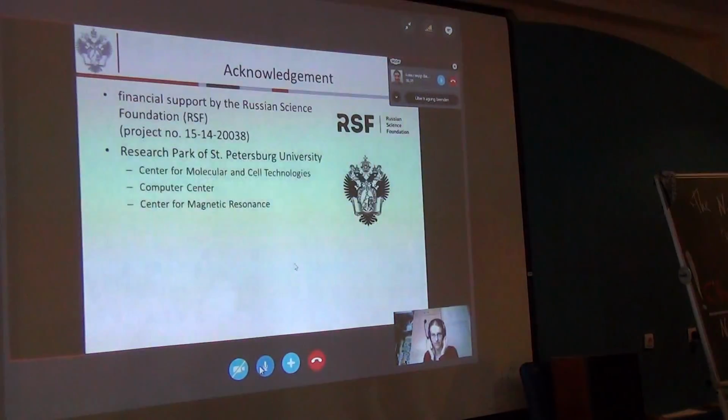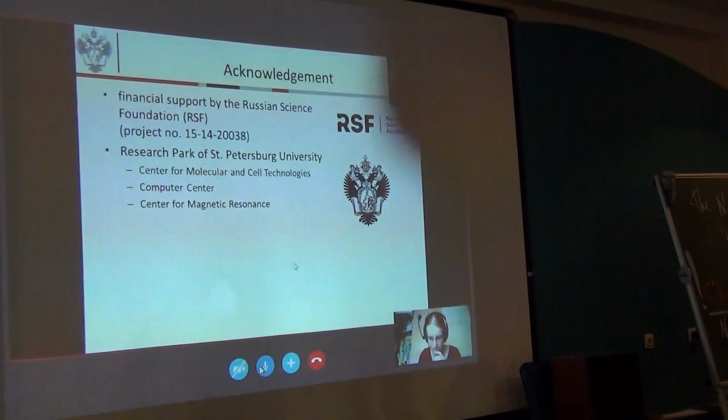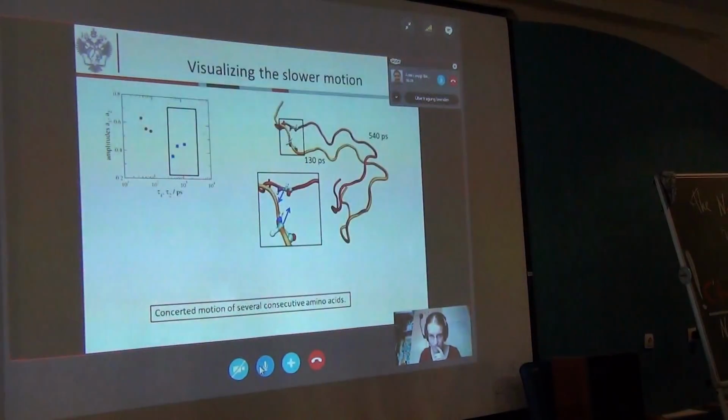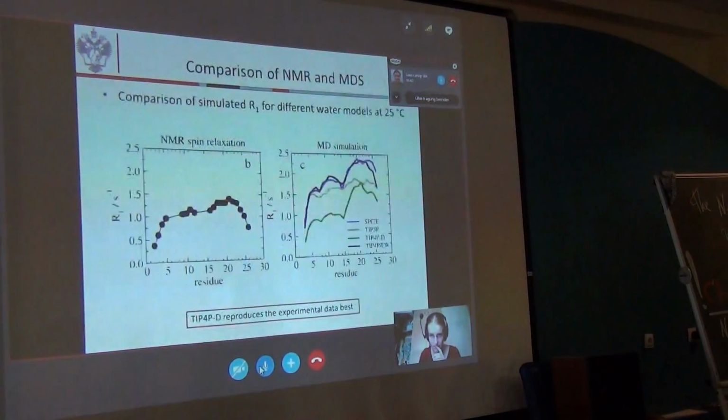One thing that crossed my mind: could we go back and look at the comparison of different water models, the relaxation rate profiles? This one? This one. So I'm looking here at the profile for TIP3P and the other one for TIP4PD.